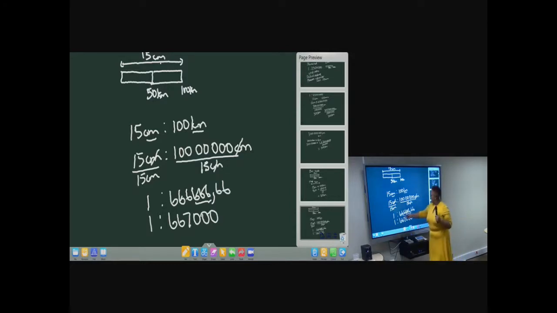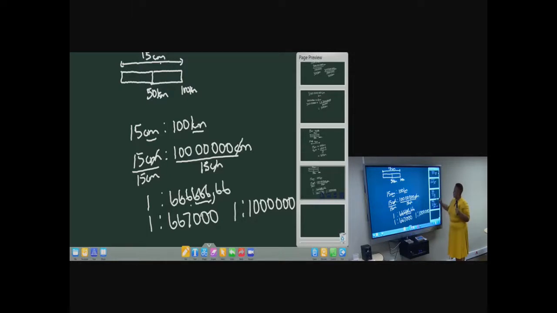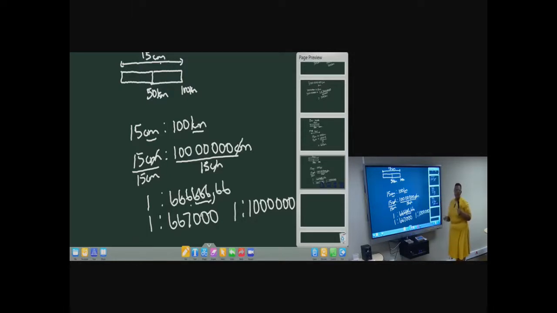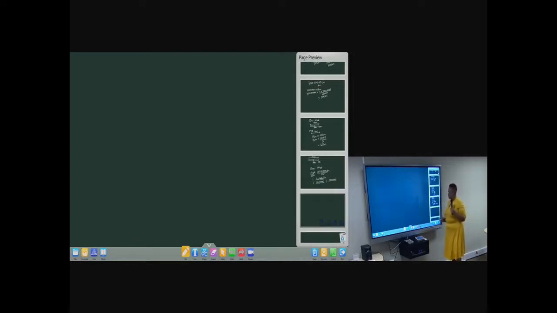Now you have 6,666,666. The nearest million to that is just 1,000,000. So when you are rounding to the nearest million, it will just be 1 is to 1,000,000. That is very important, learners. You need to be sure about your rounding.